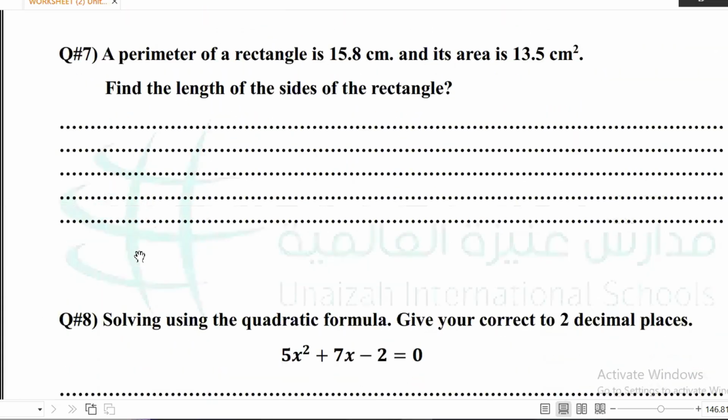Next question: the perimeter of a rectangle is 15.8 centimeters and the area is 13.5. So this perimeter as well as area will work for us. Find the length of the sides of the rectangle.